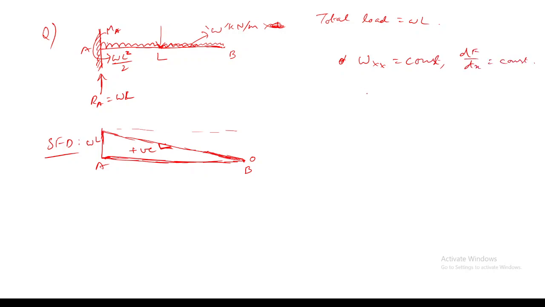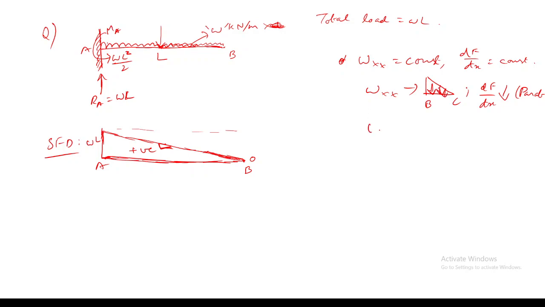When the load intensity varies, for example like this, and reduces from B to C, then the slope of the shear force diagram also reduces from B to C, and this should be a parabola, because the slope is continuously changing as the loading at each cross section changes.